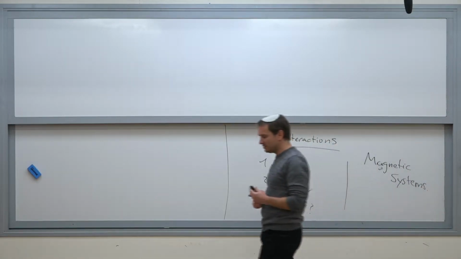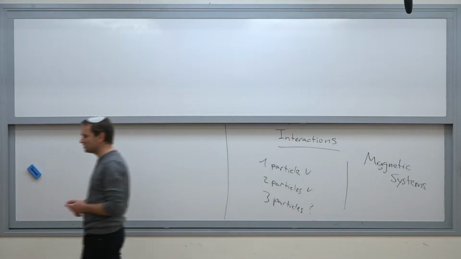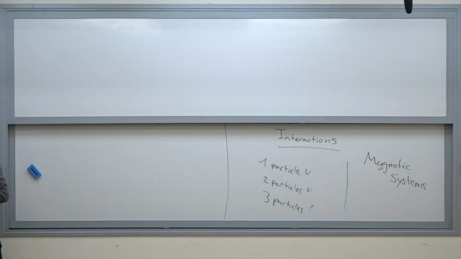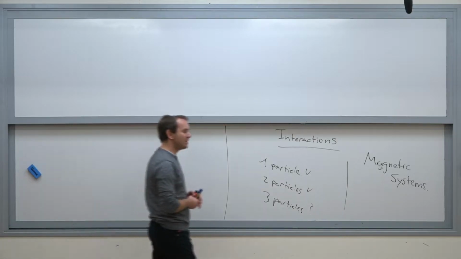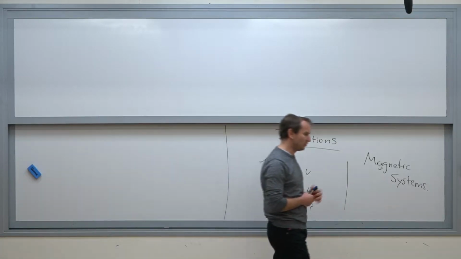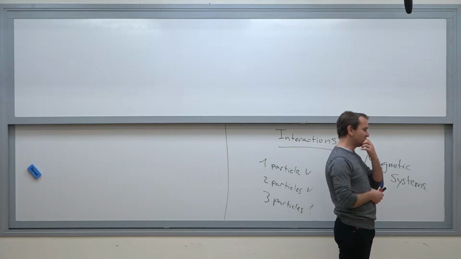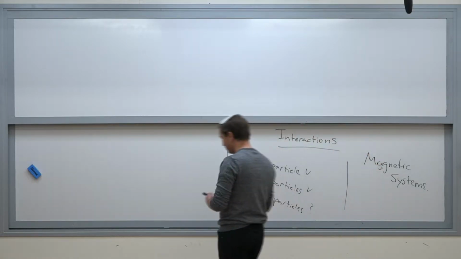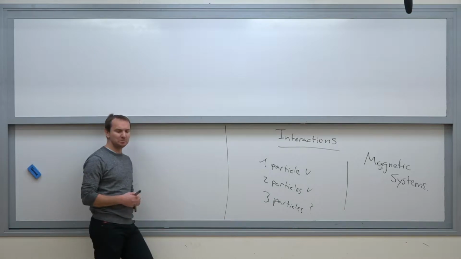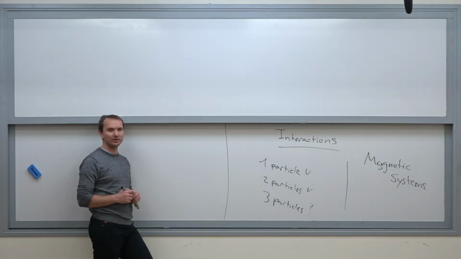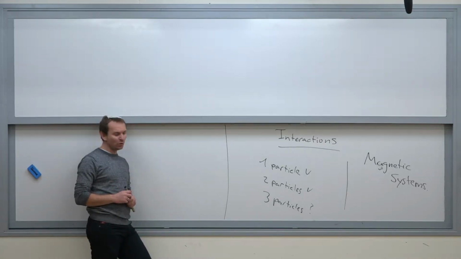Why magnetic systems? Well, because there are several very interesting phenomena that are associated with the behavior of a magnetic system. So, first of all, this phenomena was already described before any understanding of the quantum nature of our world.